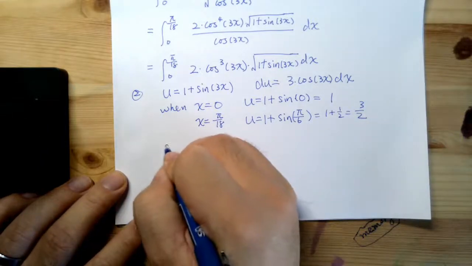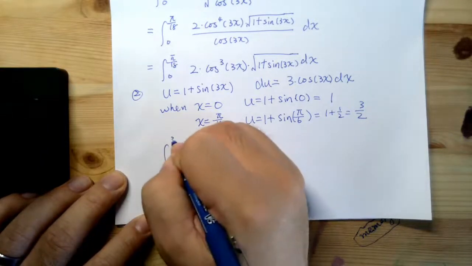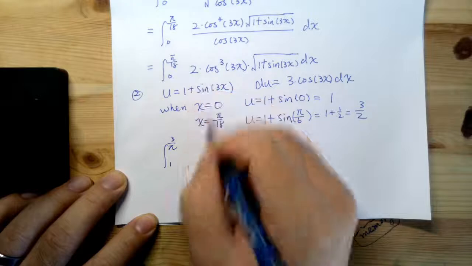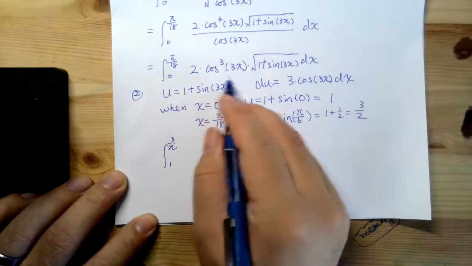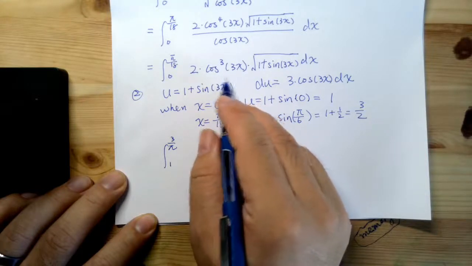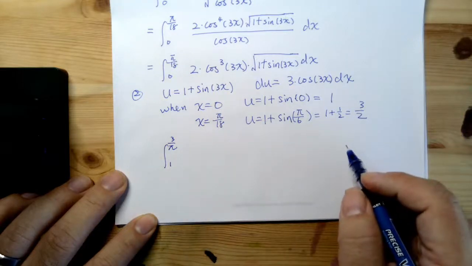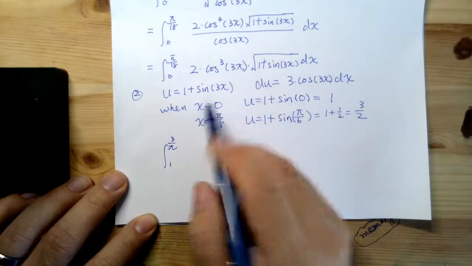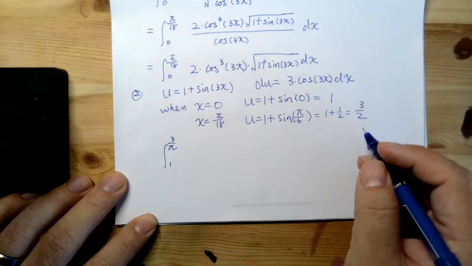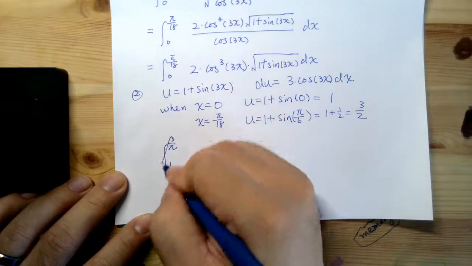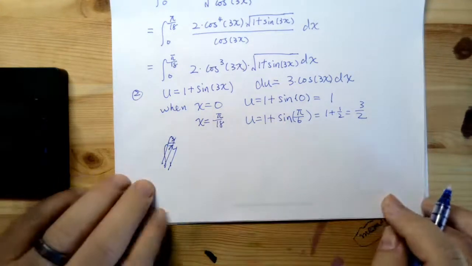When we have this, we're starting to make the u substitution. So the new integral is going to be from 1 to 3 over 2. Okay. So for here, guys, you need to do a little bit more here. Let me write it this way.